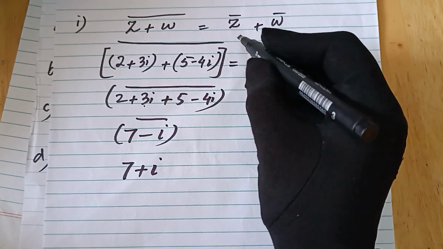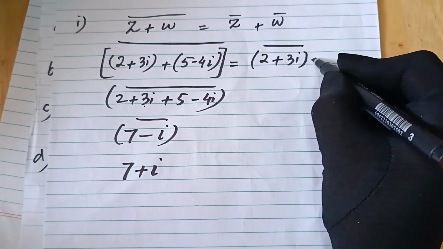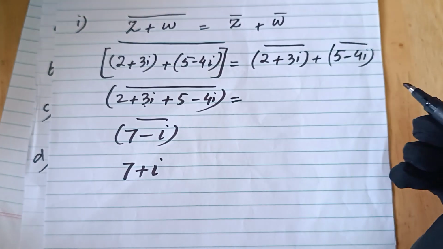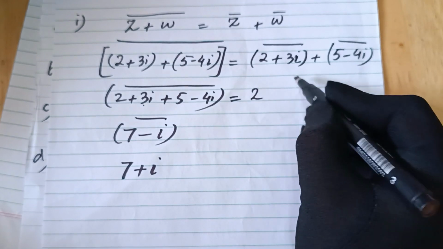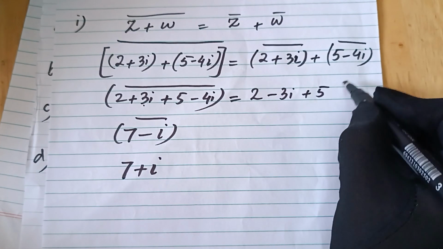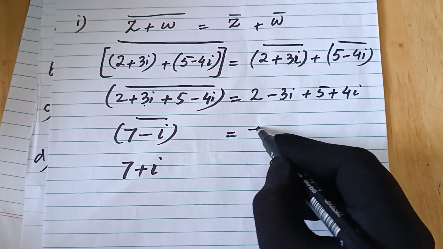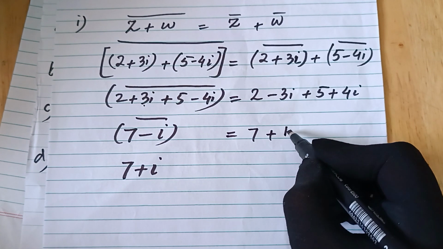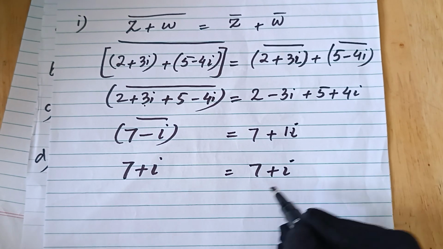Let's come to the other side. Z conjugate, Z is 2 plus 3i conjugate, and W is 5 minus 4i conjugate. 2 plus 3i means the real part remains the same and the imaginary part changes sign. So 2 plus 5 is 7, and 3 minus 4 gives plus i, so it is equal to 7 plus i.